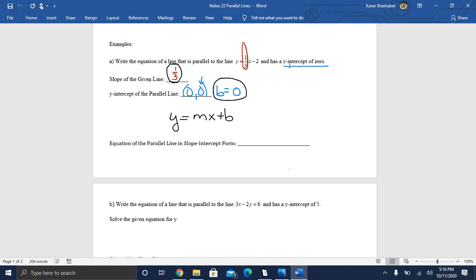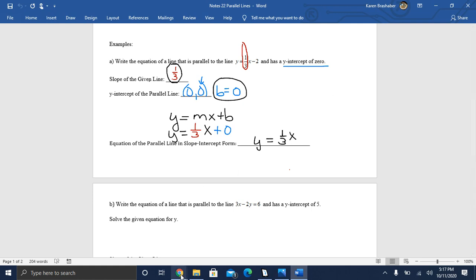We know that the m has to be the same slope as we had for our other line, so 1/3 x, and then our b is from what we were asked for this line to go through. And so when we simplify on an equation like that, when the b is a 0, we can just say that y equals 1/3 x is the equation of our parallel line.